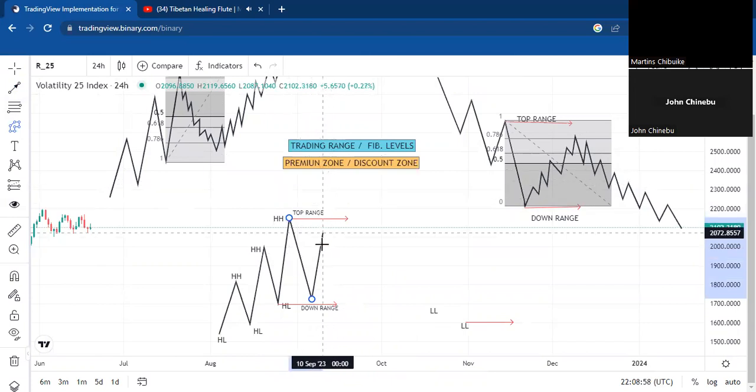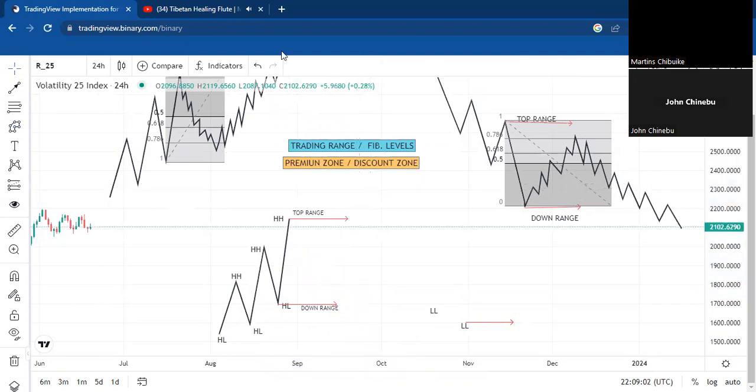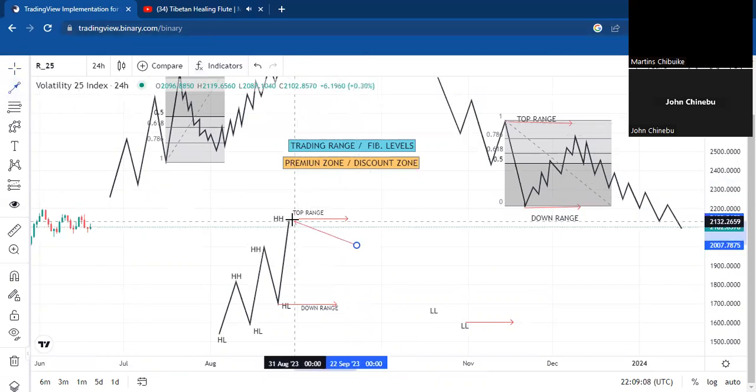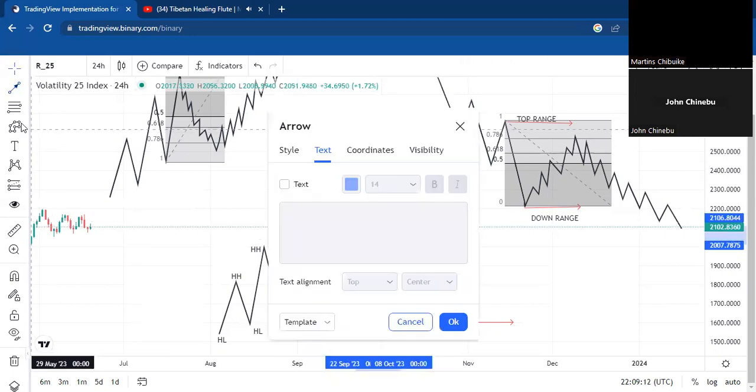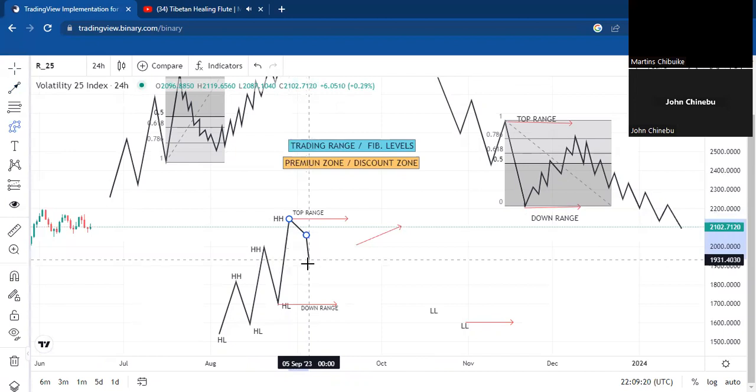So that means we are expecting to buy from this market. Is it not true? So you don't just come and buy here, because here the market is still high. That's where so many people make mistakes, they just jump inside the market. Imagine buying from here. It's risky, because if you buy from here, this market will still come down.